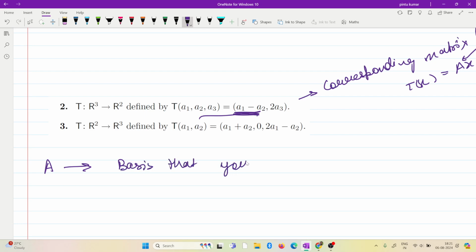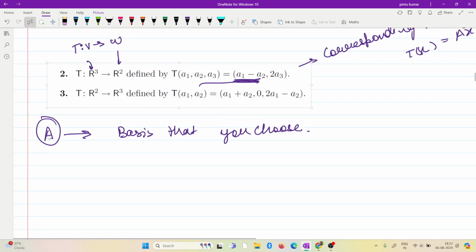What I mean by this is, let's say your T is a map from V to W. You have to choose a basis for R3, that is your V, and you have to choose a basis for R2, that is your W. And for every unique choice, you will get a unique A. So let's try to construct the matrix using the standard basis that we covered last time.